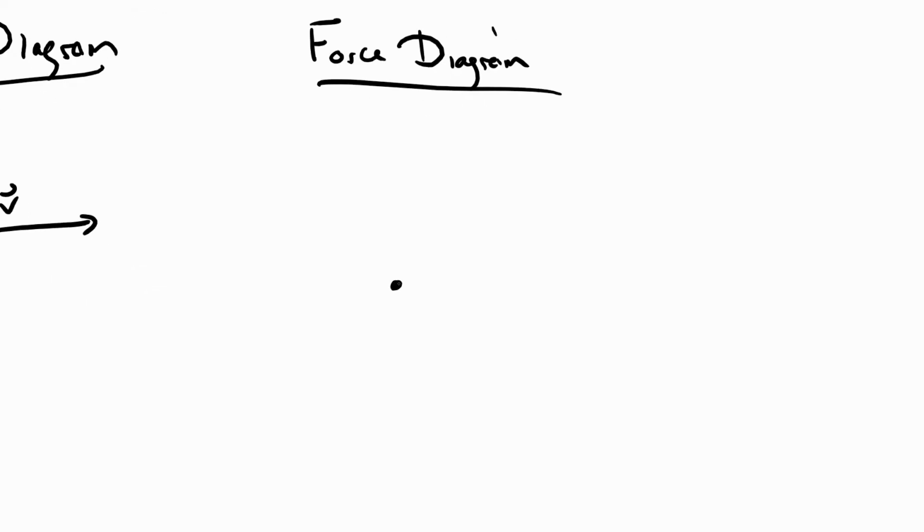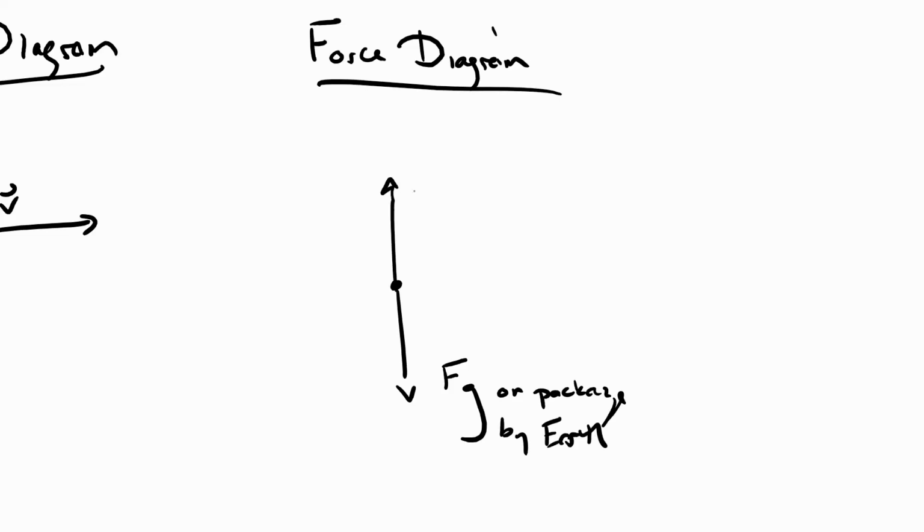I've got my dot for my package. Because the package has mass, I've got Fg on the package by Earth. I've got a normal force on the package. All these things are on the package by the ground.